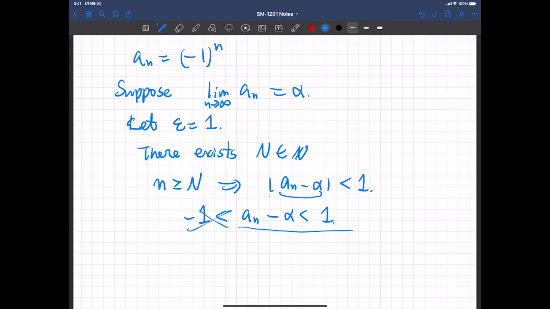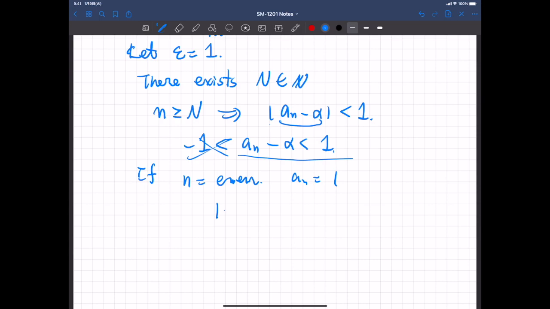From here, let's say if n is even, then an is equal to 1. So that means 1 minus alpha is less than 1. So we put alpha on the right hand side, cancel 1, so alpha is positive.